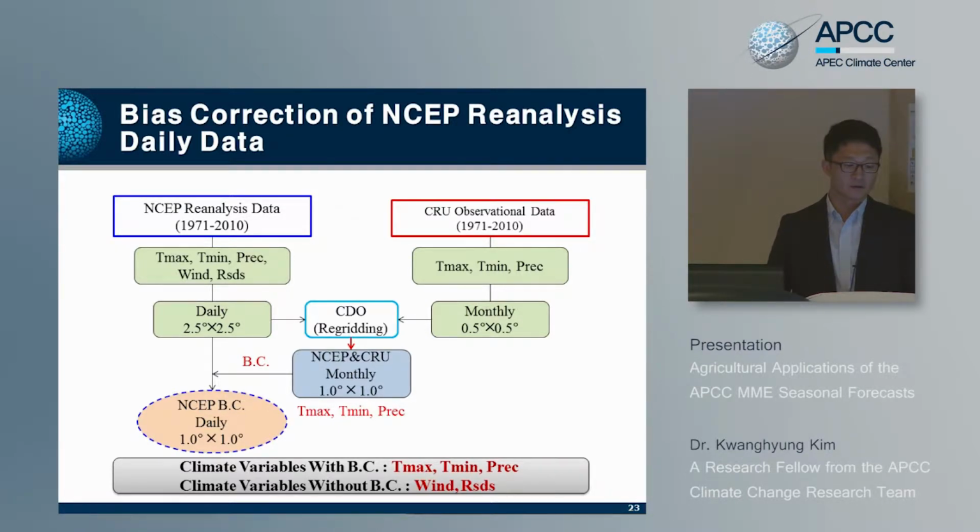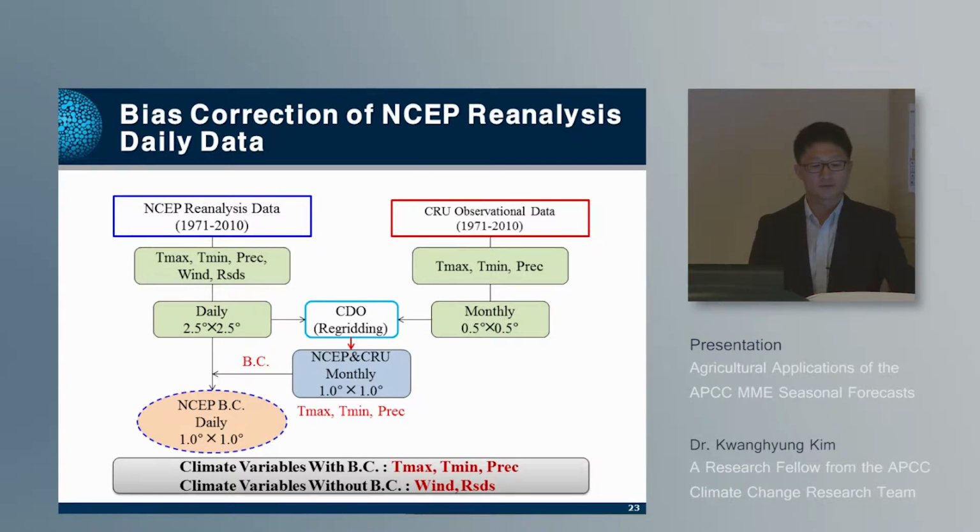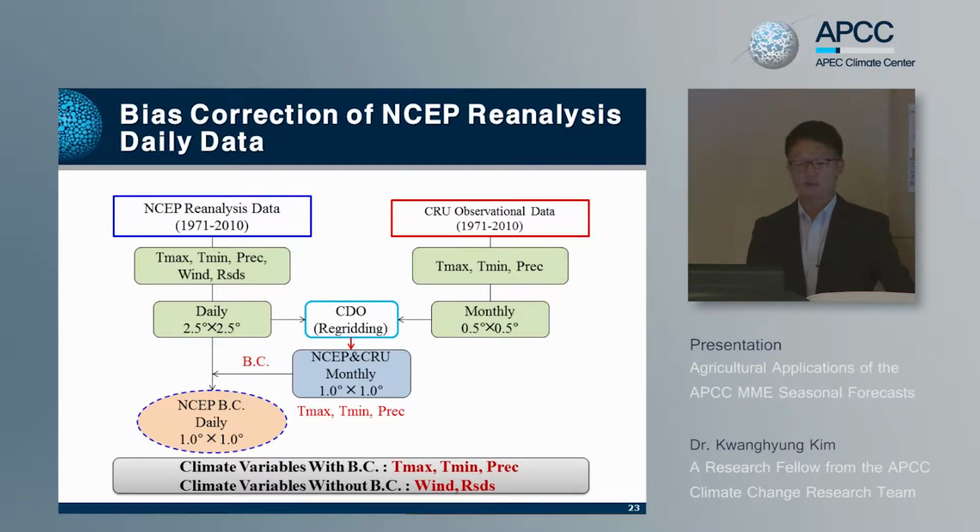We first need to carry out the bias correction for the NCEP reanalysis data. But the problem here is that there's no counterpart for the bias correction. In other words, there is no observed real data in that same size, gridded, and daily format. That's why we had to use CRU observation data, but that's monthly.